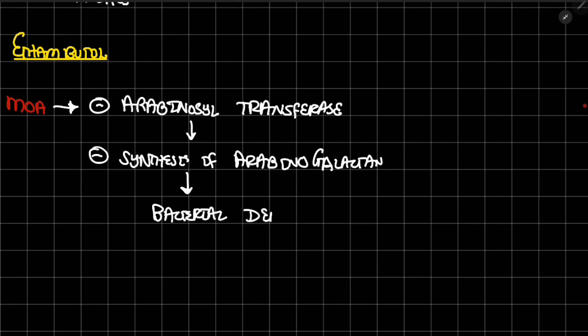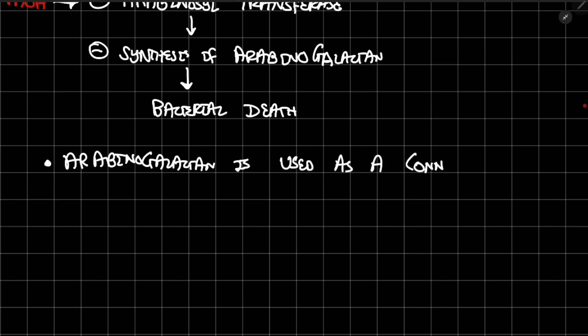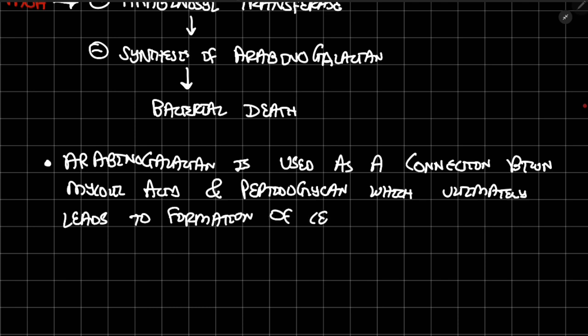Now why? The main question, why? So the arabinogalactan is used as a connection between mycolic acid and peptidoglycan, which ultimately leads to formation of the cell wall.